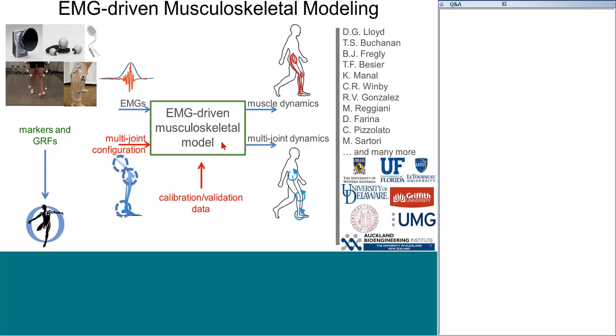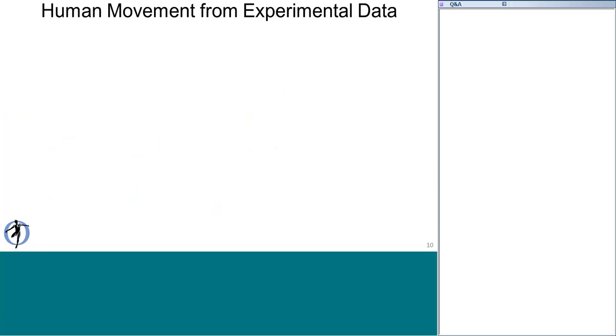And with this slide, I'd like to thank, if not all of them, at least some of them that I know for sure. So the characterization of human movement from experimental data was composed of 4 steps in our methodology.